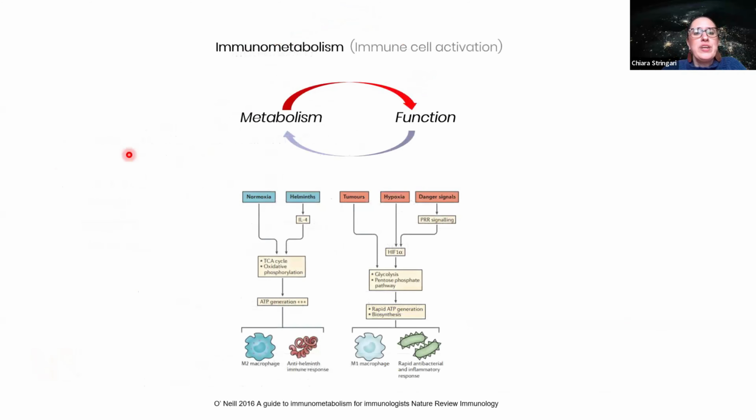So in a very, let's say, binary vision of immunometabolism, you have M1 and M2 macrophages. The pro-inflammatory macrophages lead to a Warburg effect and a more glycolytic metabolism, while pro-regenerative macrophages are less glycolytic and use more oxidative phosphorylation.